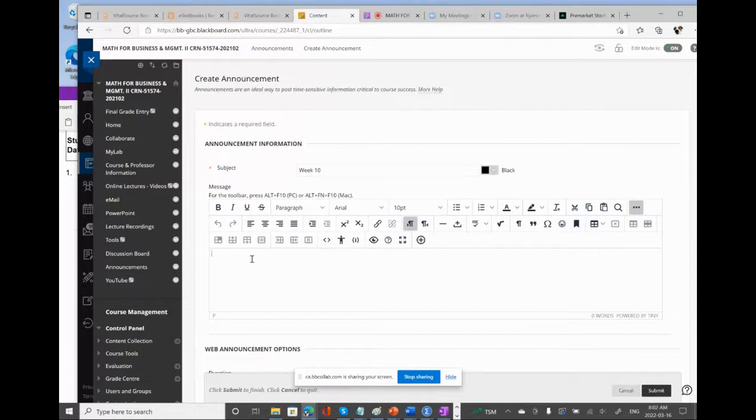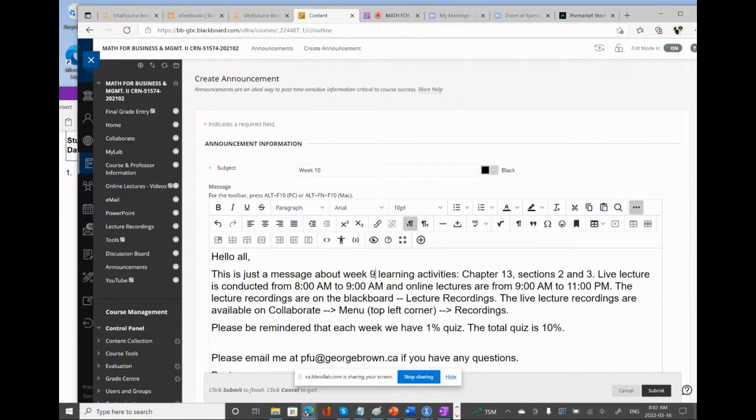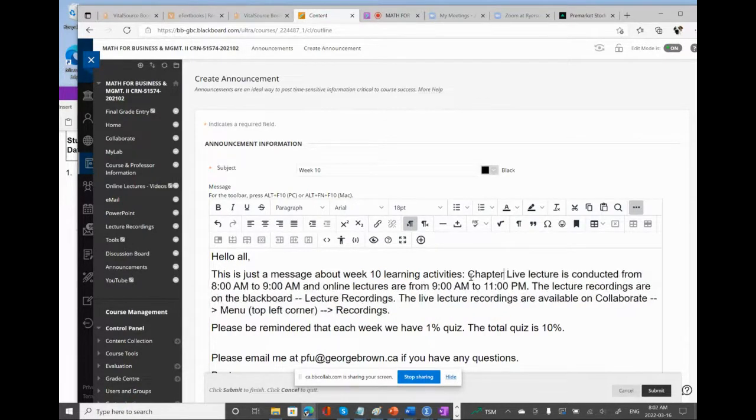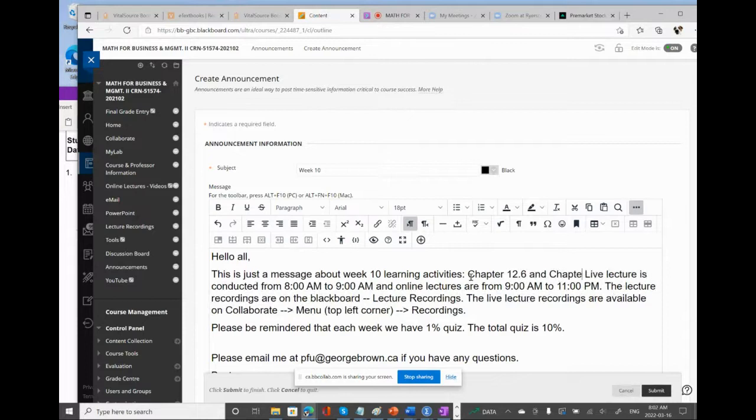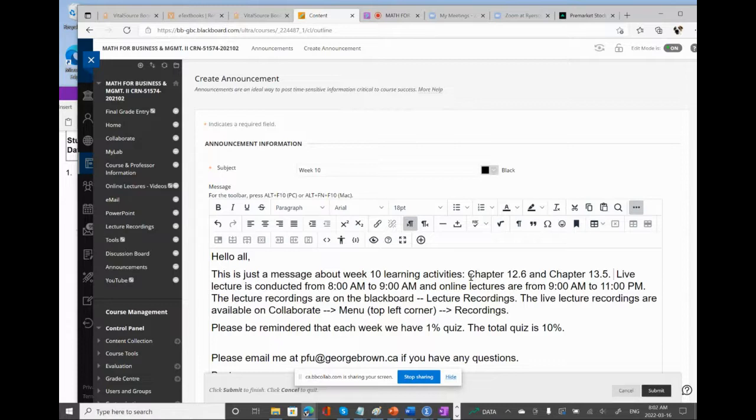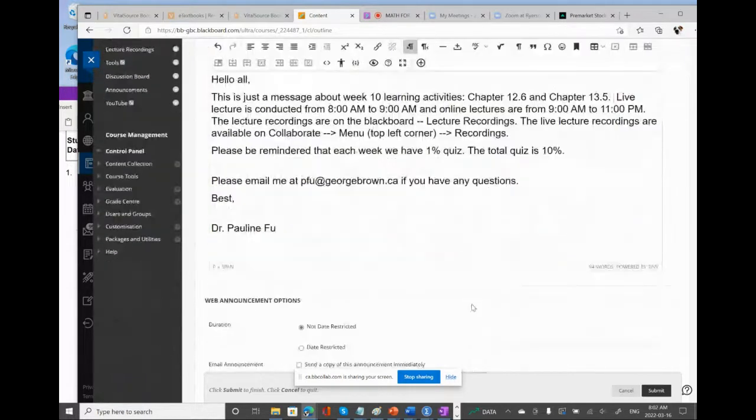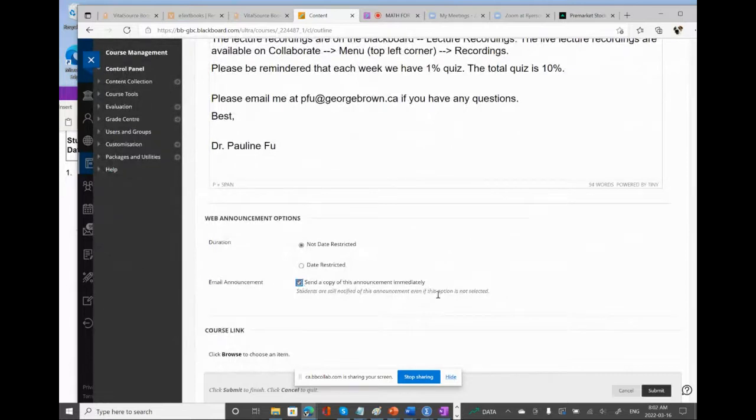In week 10, we are going to do 2 sessions in the textbook: chapter 12, session 6, and chapter 13.5. Chapter 12.6 is about constant growth annuity, and chapter 13.5, perpetuity. So that is our schedule for today.